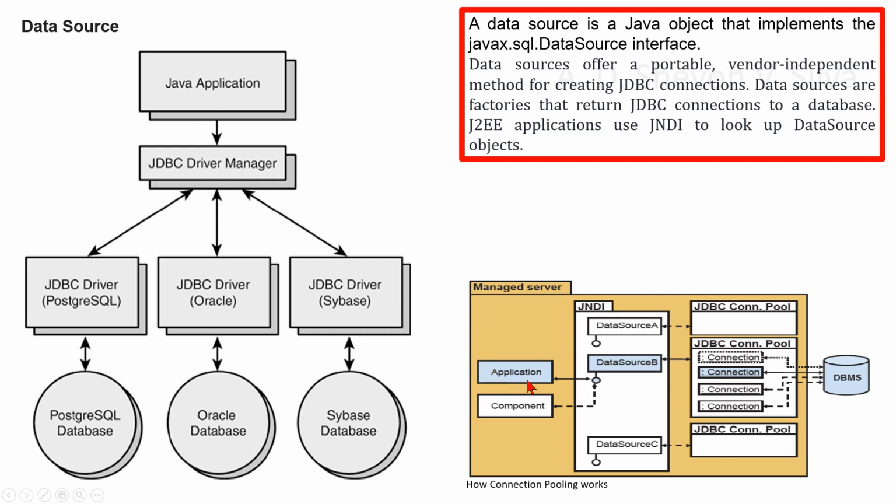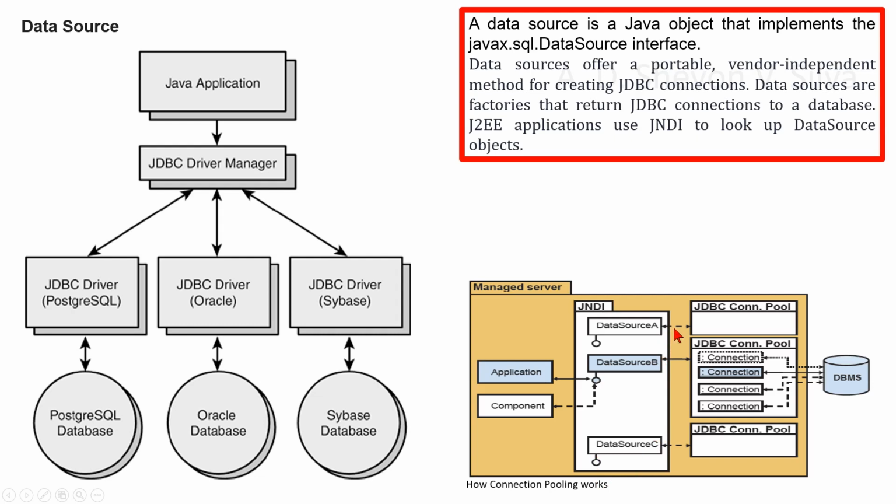Here, the application component, JNDI and JDBC connection pools are inside the managed server. Here, the application and components interact with the data source, and data source A, data source B, and data source C are inside JNDI.